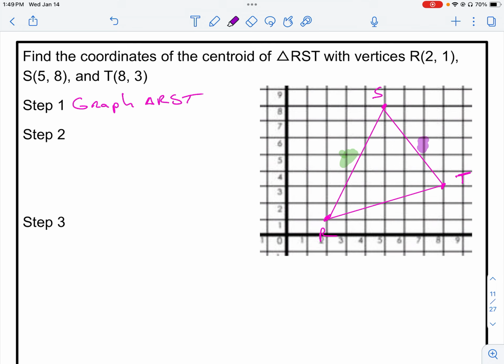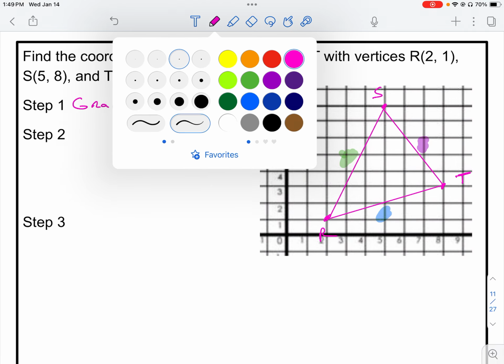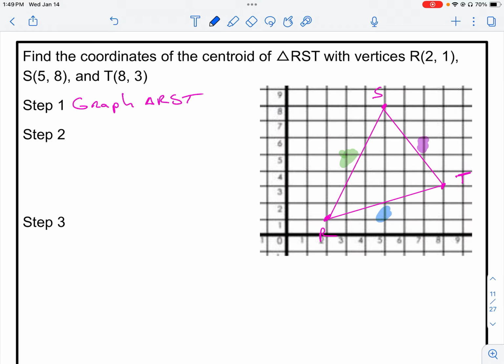But the midpoint of RT is going to be in here somewhere. So I'm going to look for RT because it may make my life pretty easy. So let's find the midpoint of RT.